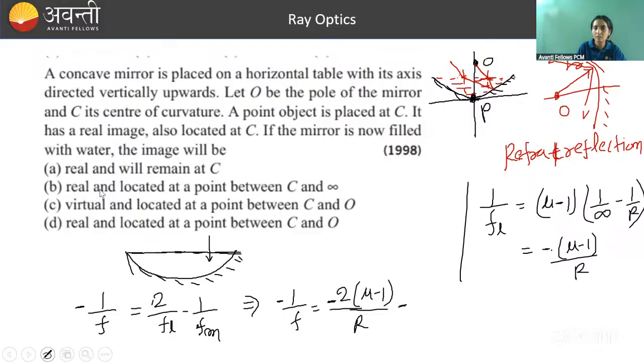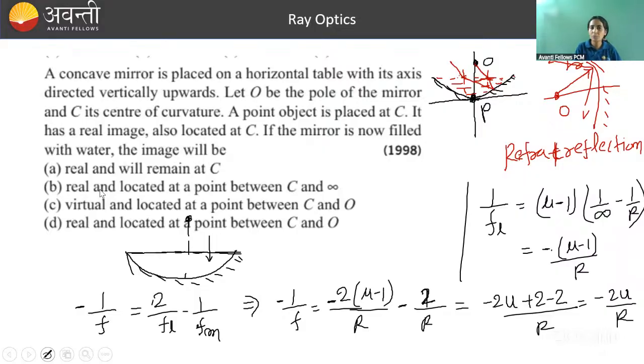What is the focal length of the mirror here? If the radius of this surface is r, then the focal length will be r by 2, right? So this is 1 by r by 2. If you solve it, you will get minus 2 mu plus 2 minus 2 by r, so this is minus 2 mu by r.